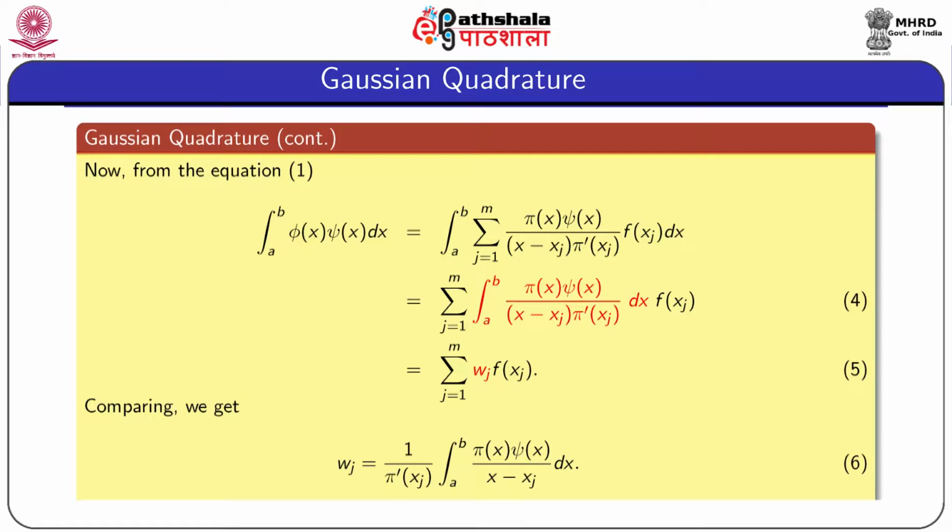This expression gives the values of all weights w_j, j equal to 1 to m, and it depends on the weight function psi x, the polynomial pi x and the limits of integration a to b. So, using this expression we can determine all the w's, and this is the general expression to calculate the weights of Gaussian quadrature.